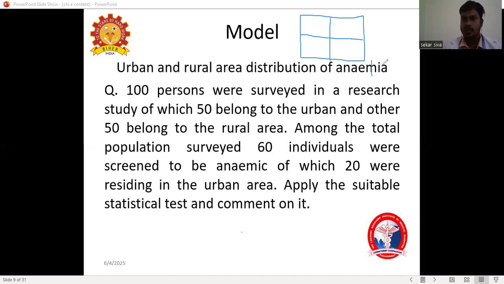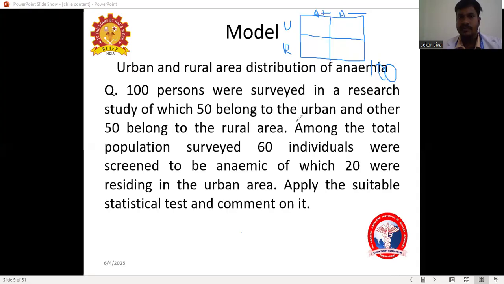So 100 is the grand total. This is urban, this is rural, anemic present, anemic absent.